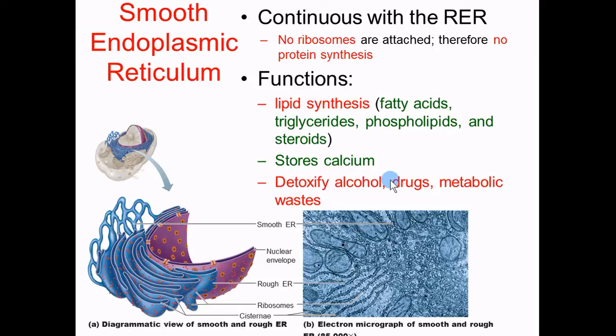But every cell in your body has all of the organelles, except red blood cells, but they have different proportions. If I take a liver cell out, what organelle do you think it's going to have a ton of? It'll have a ton of the smooth endoplasmic reticulum, because its main job is to detoxify things like drugs and alcohol and metabolic wastes, or to synthesize lipids. So you're going to see a lot of this endoplasmic reticulum inside of a liver cell.